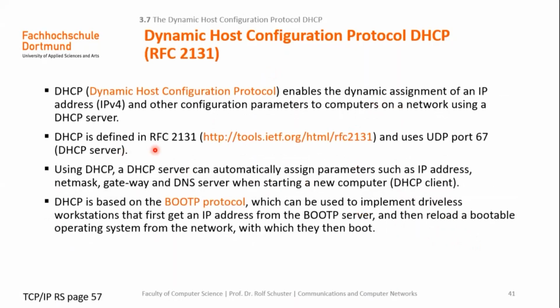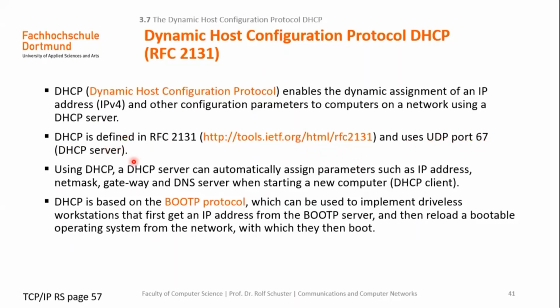The DHCP protocol is defined in RFC 2131 and uses two ports. The DHCP protocol runs over UDP, the User Datagram Protocol, and uses port 67 on the server side and 68 on the client side.